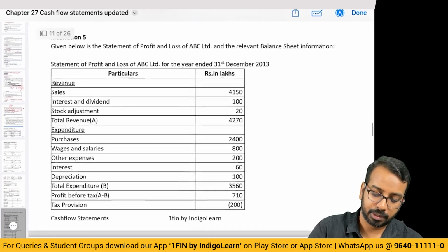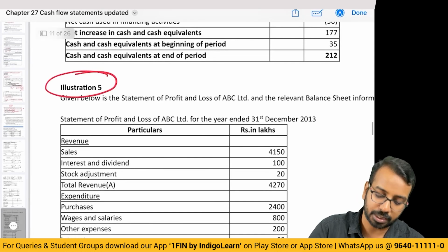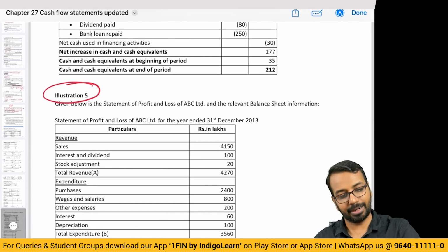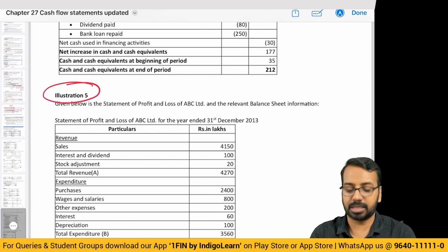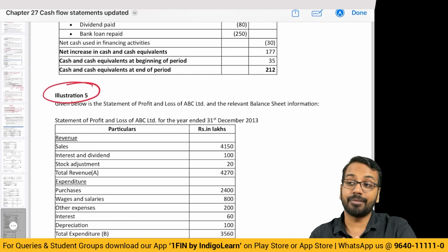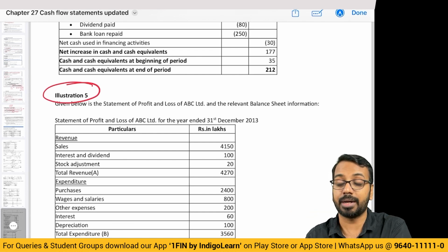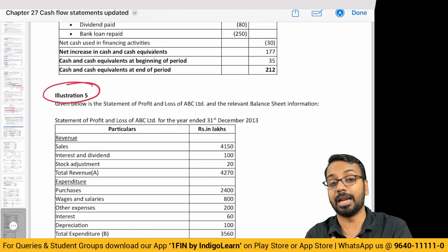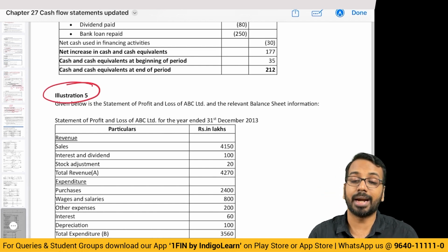So we'll end now. We'll do this illustration tomorrow properly for both the indirect method and direct method, which will give a comprehensive understanding, and then we will discuss some peculiar adjustments that keep coming in the examination. That will help us understand how to handle these types of questions.